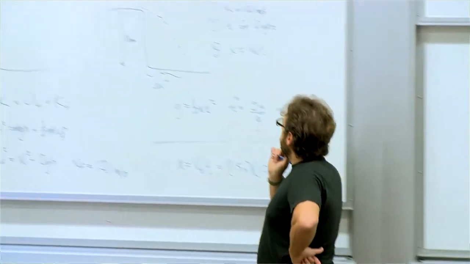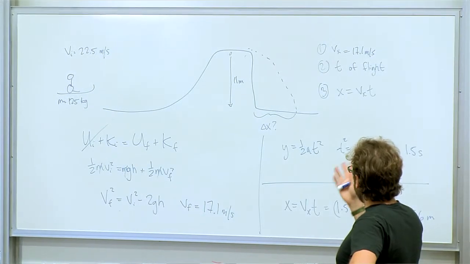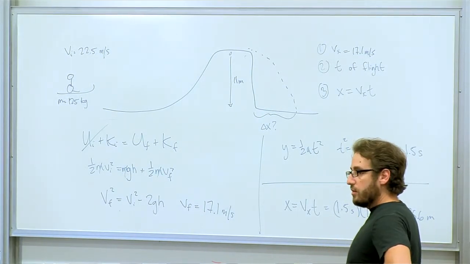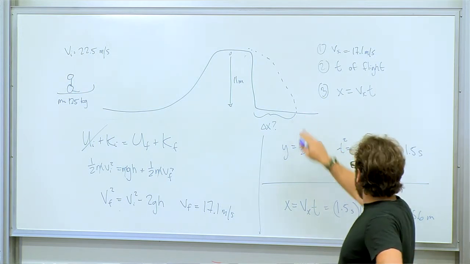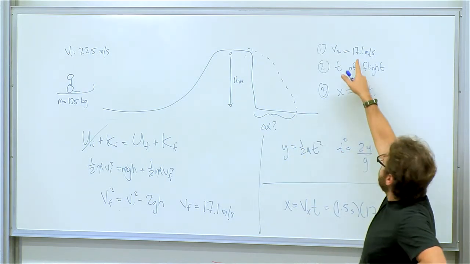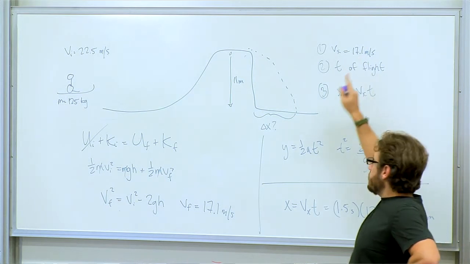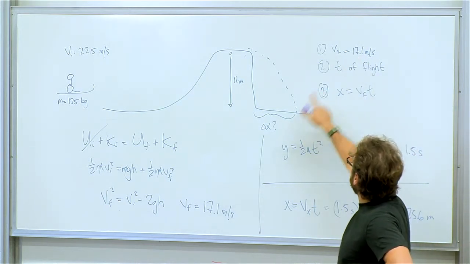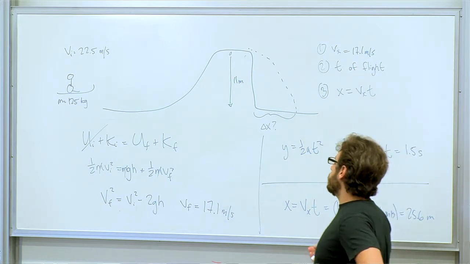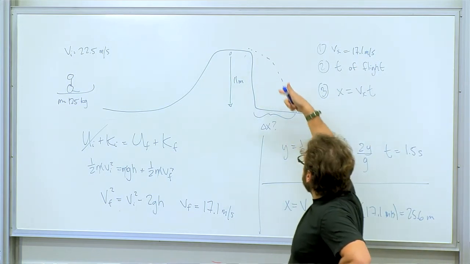Yeah, exactly. Good, okay. His x velocity just before he hits is still going to be 17.1. Nothing's going to change that until he splats, but his y velocity is going to increase until it makes up for the potential energy that he's gained here, turning into kinetic energy.